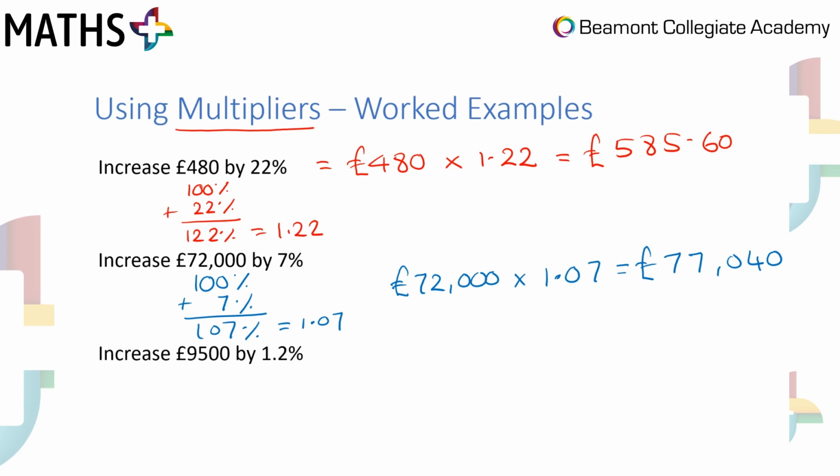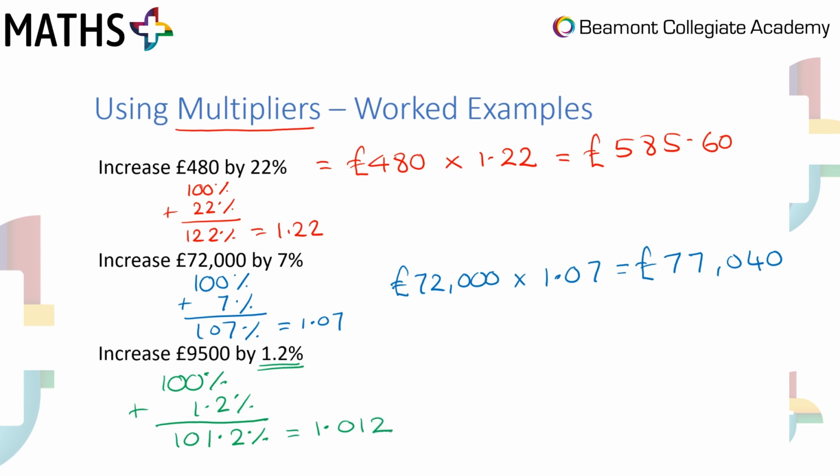Lastly, if we're going to increase by 1.2%, so if I've got 100% and I add on 1.2%, that means I now have 101.2%. Now as a decimal, that's going to be 1.012.